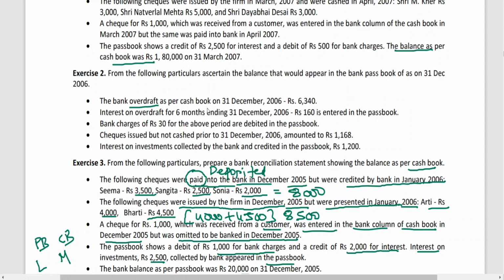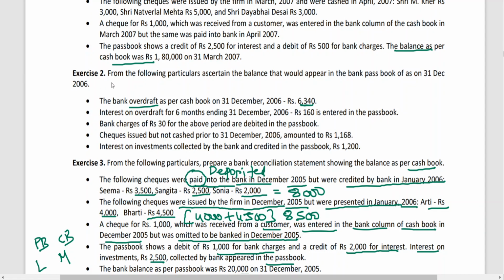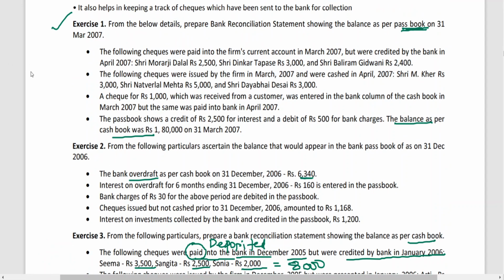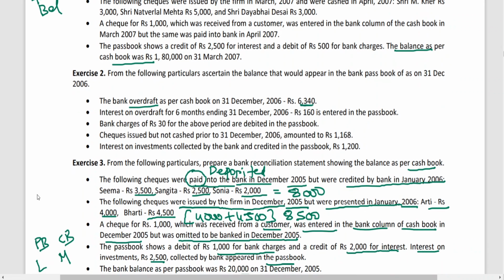We got the information of overdraft as per cash book 1340. So this is the problem where we have been provided with overdraft. The first two problems are about favorable balance, starting point favorable balance. Now this is about unfavorable.